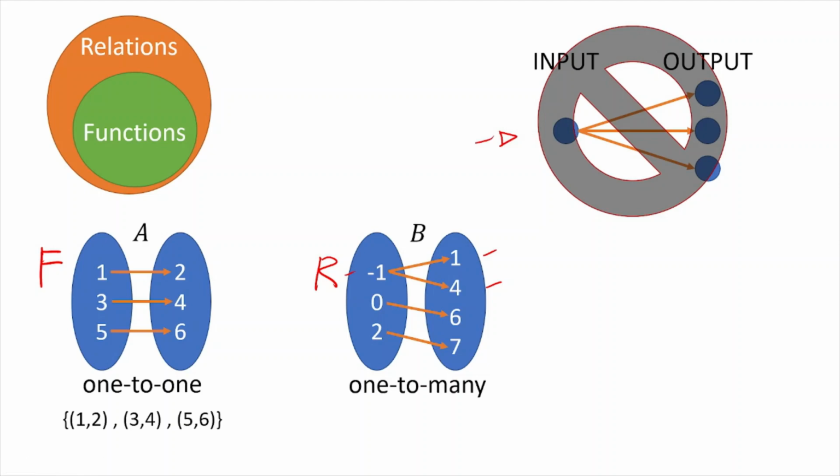And if we write this relation as a set of ordered pairs, we shall see that one of the x values appears more than once, in this case, -1. Okay, this indicates that it corresponds to multiple output values. Okay, therefore, it's not a function.